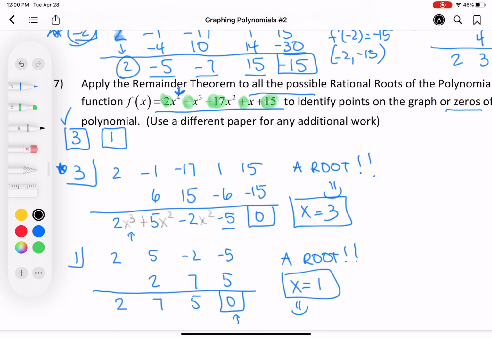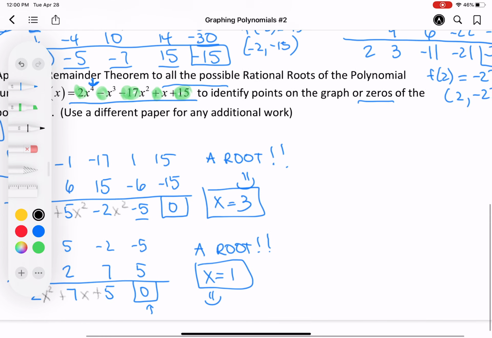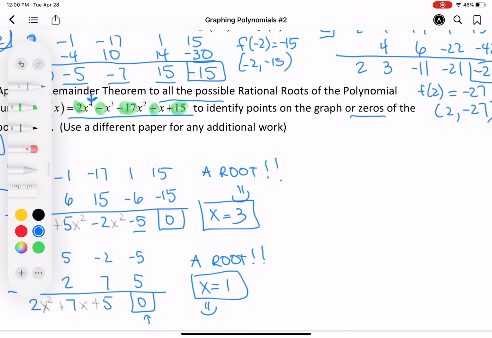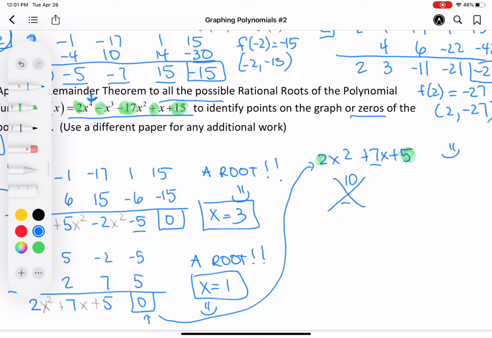All right, so this polynomial was to the 3rd power, so now I can rewrite this as 2x squared plus 7x plus 5. That's my new quadratic. This is a quadratic function now. Now I have to factor this, but I know how to factor this. This looks familiar. This looks like X game. So I'm going to multiply these two. What do I have on the top? I have a 10. Our linear coefficient goes on the bottom.